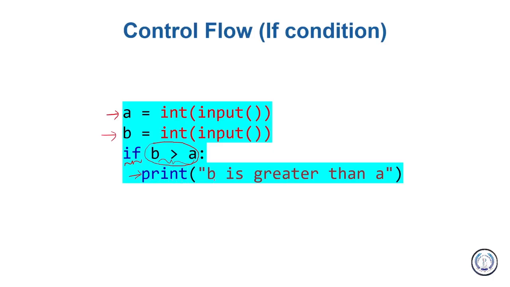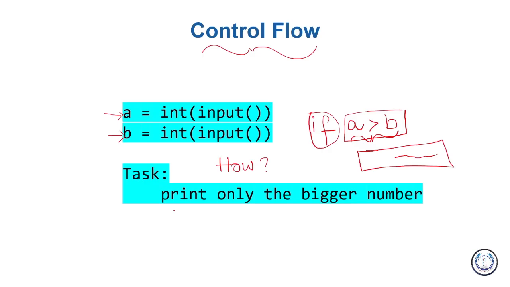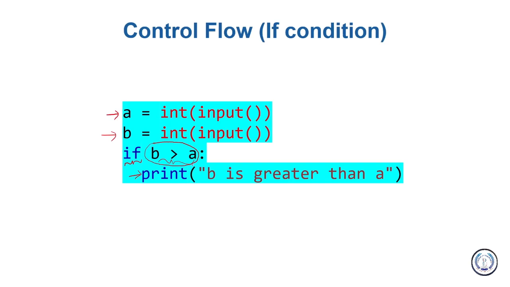For example, print B is greater than A. Now my question is, are we done with the task? The task was to print the bigger number. If B is greater than A, then B will be printed. Or rather than writing this, we might have just printed B, because B is bigger.